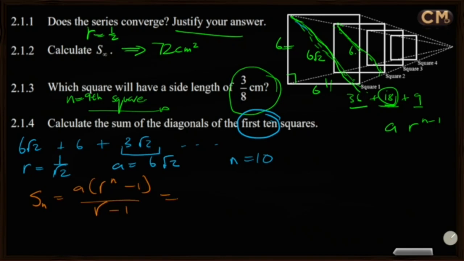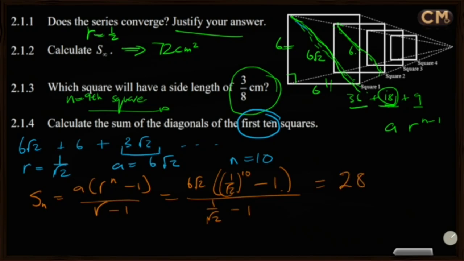Substituting those values, a is 6 times the square root of 2, 1 over square root 2 to the power 10 minus 1, all divided by 1 over the square root of 2 minus 1, which gives us 28,07 and some other digits. That's not important. What's important is they wanted the sum of the diagonals, plural.